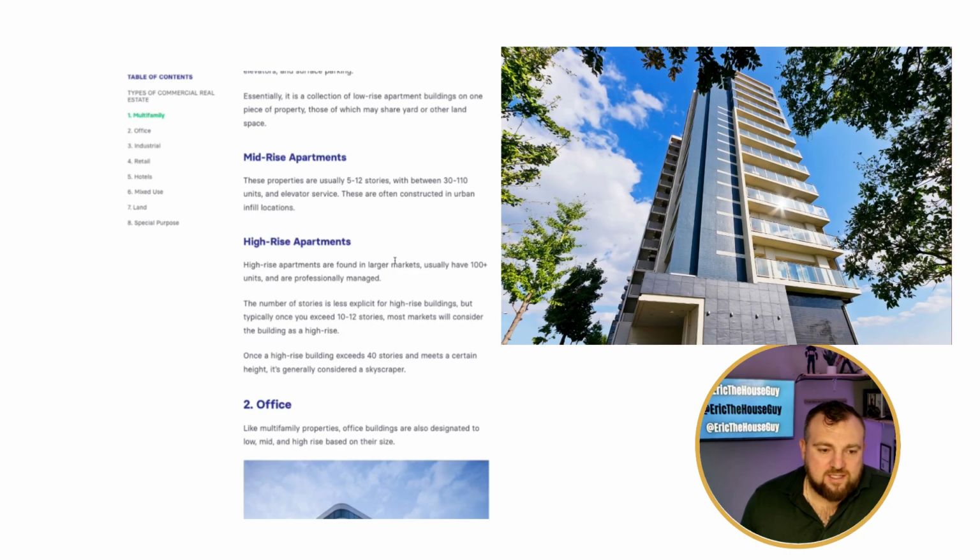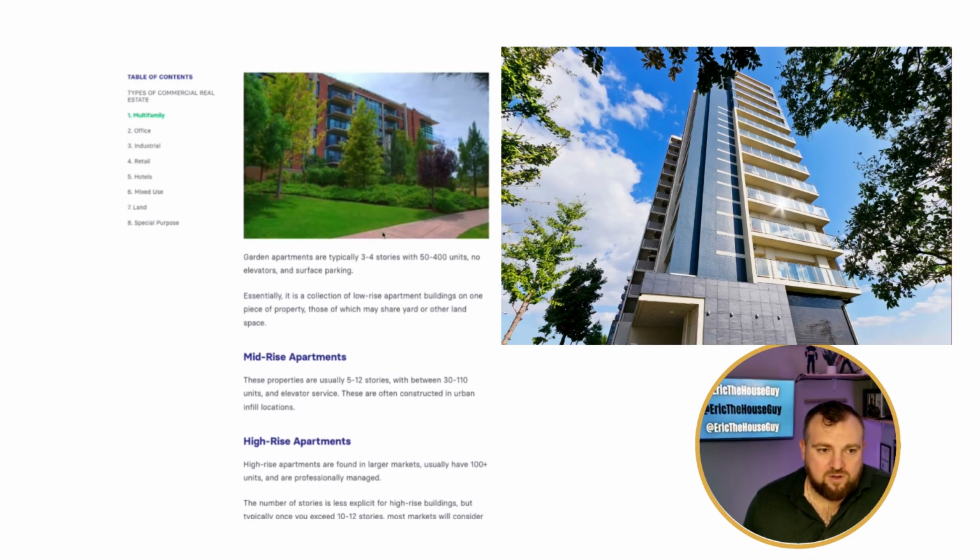The number of stories is less explicit for high-rise buildings, but typically once you exceed 10 to 12 stories, most markets will consider the building a high-rise. Once a high-rise building exceeds 40 stories and meets a certain height, it's generally considered a skyscraper.